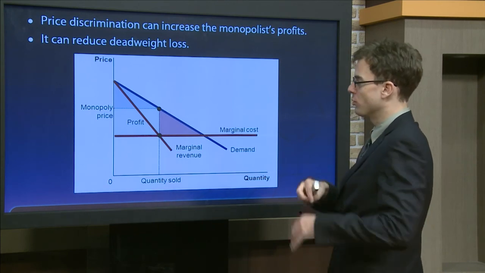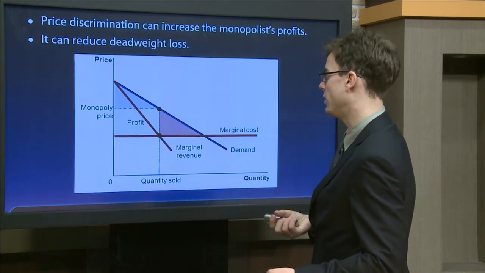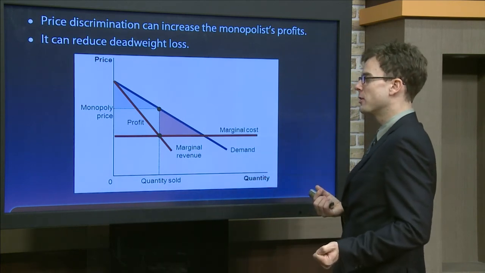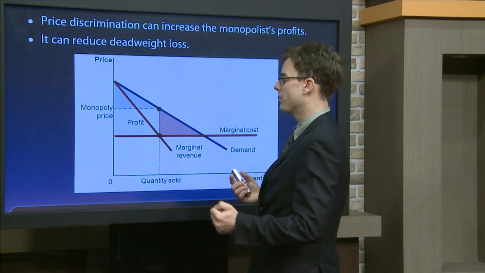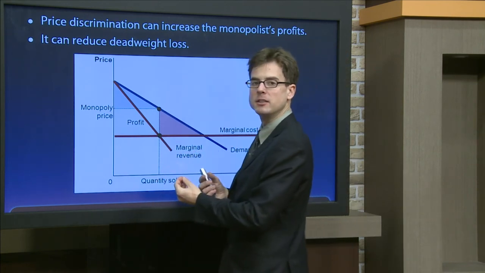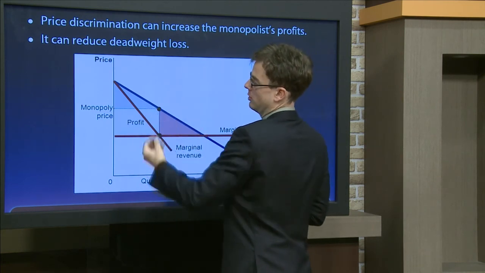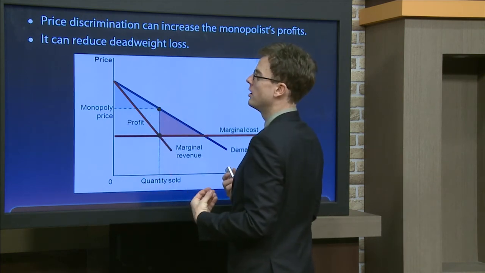And so the nice and important property of price discrimination is that the monopolist doesn't face the price effect when he chooses how much of the product to supply.